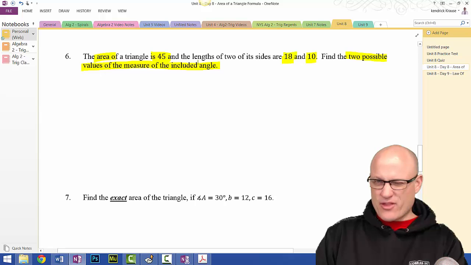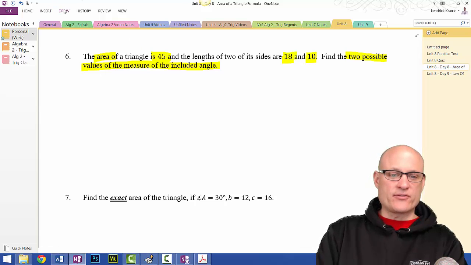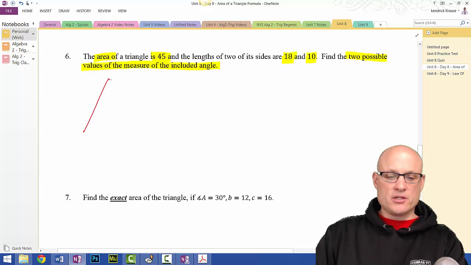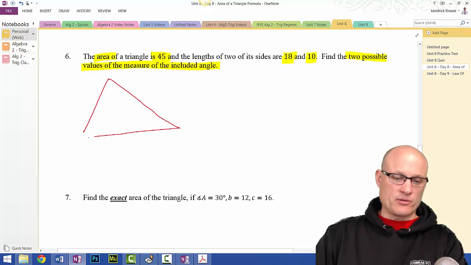You're going to see how that plays at the end of this. So what we'll do is I'll draw a triangle. It doesn't tell me how I'm going to label it, so I'm just going to label it A, B, and C. And we're going to go looking for this angle. We were given 18, and we were given 10, and we're also given that K equals 45.